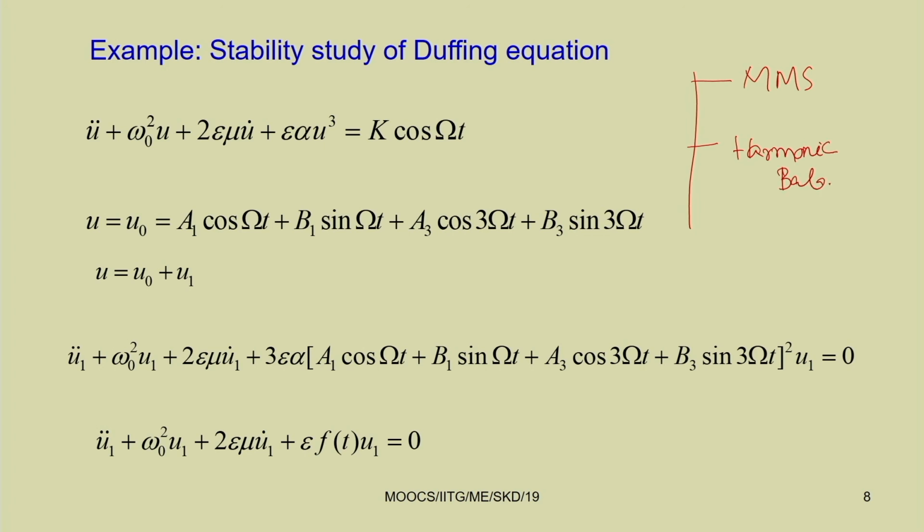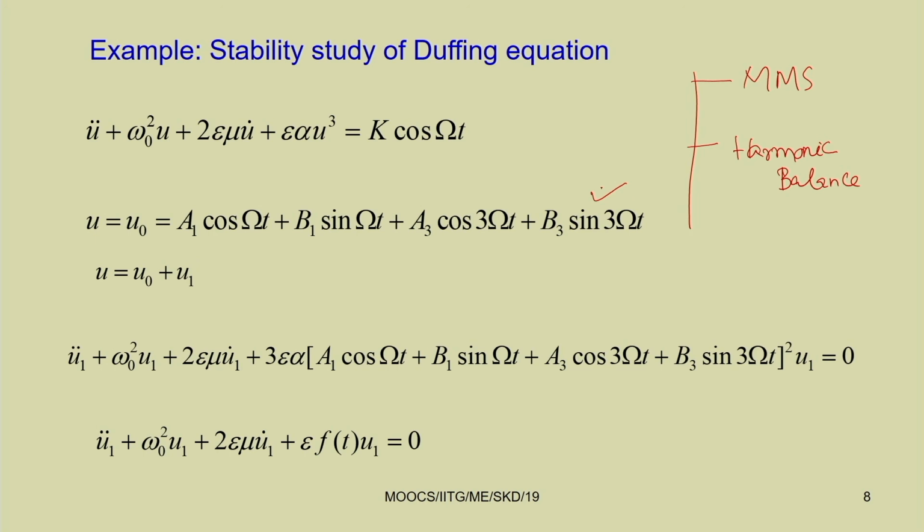in this case, let us take the harmonic balance method where we assume the solution u0 equal to a1 cos omega t plus b1 sin omega t plus a3 cos 3 omega t plus b3 sin 3 omega t.